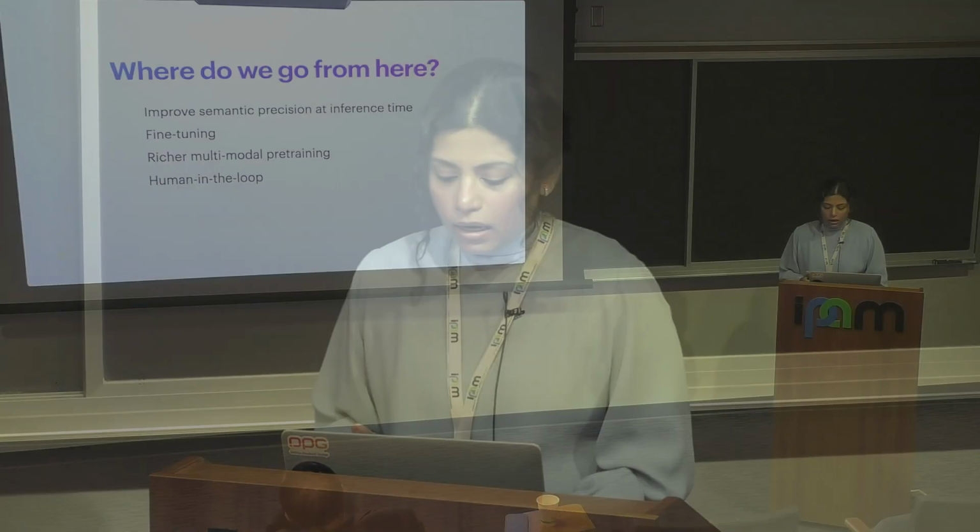There's definitely promise, and perhaps what needs to be done is to improve the semantic precision at inference time. Another thing that can be tried out would be fine-tuning and richer multimodal pre-training, and possibly having a human in the loop, because human feedback is like the upper bound versus the feedback that we got from LLMs.